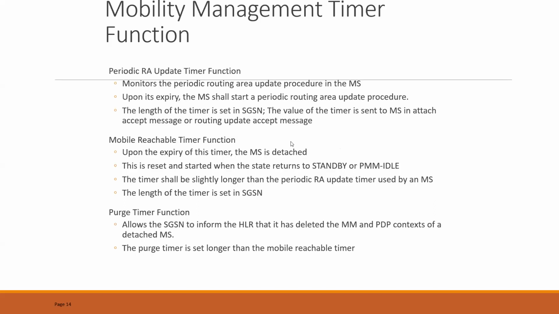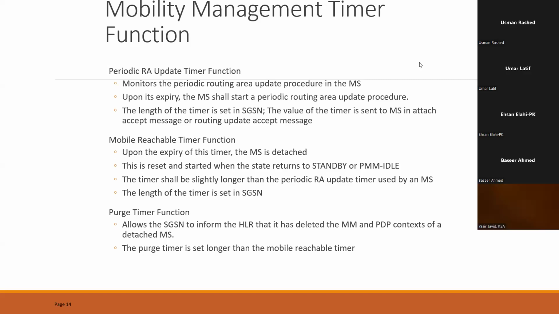Equivalent to this in 4G, as I've been mentioning, instead of the SGSN there is the MME. In 4G there are equivalent timers. There are some more timers as well, like the paging response timer, but those are a little bit advanced level. The basic level timers that you should know, for a basic PS understanding, are these. It's the tracking area update timer.